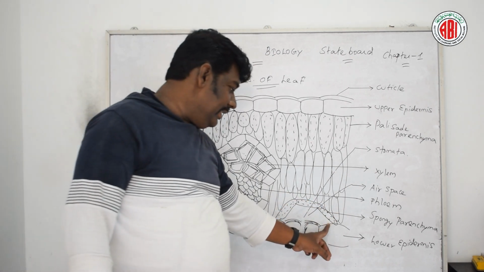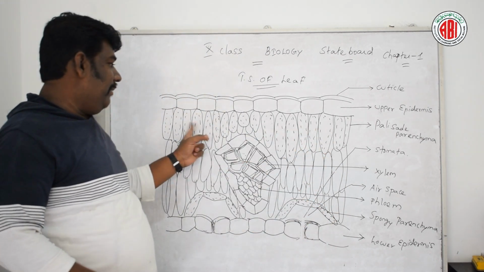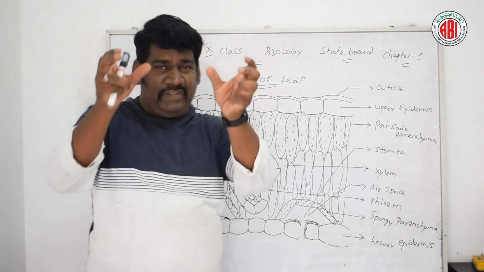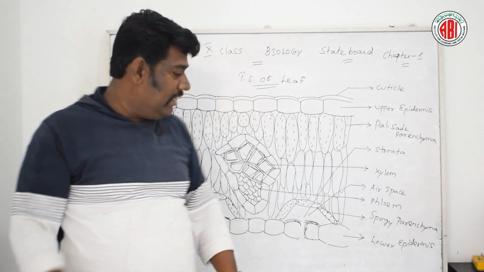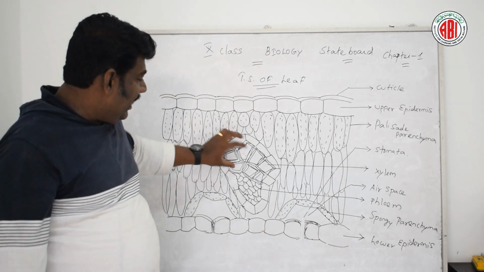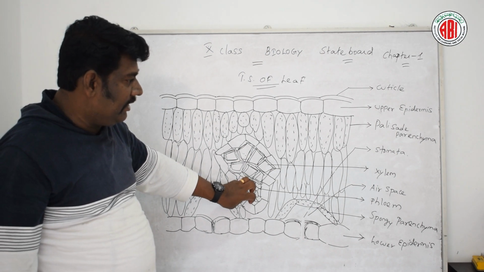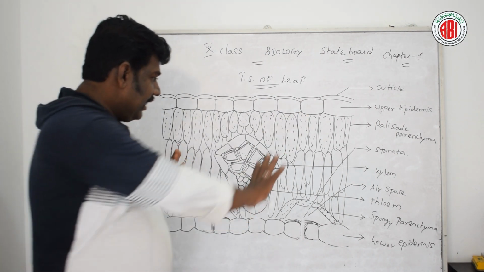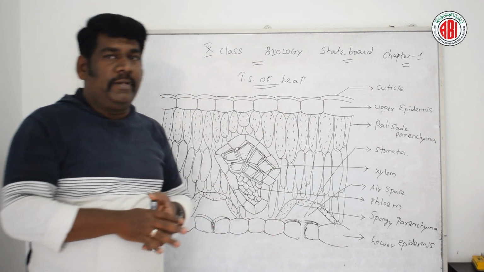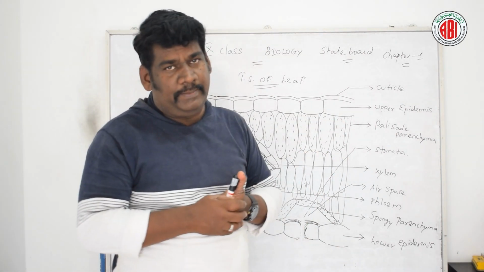Spongy parenchyma is just beside the air sac, but the palisade parenchyma you can see is very rigid in structure, very strong, and the spongy parenchymas are very soft in nature. And xylem is occupying the center, and below that phloems are there. Like that, you have to keep the structure in your mind, and also remember the labeling by this way only.